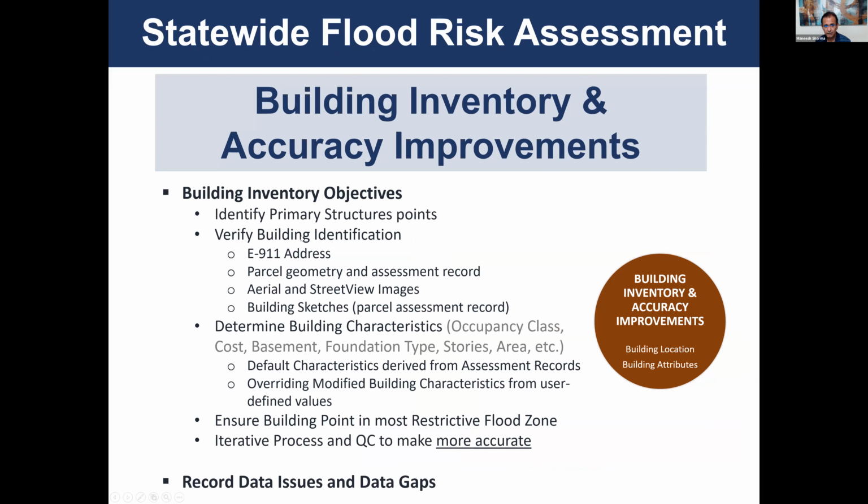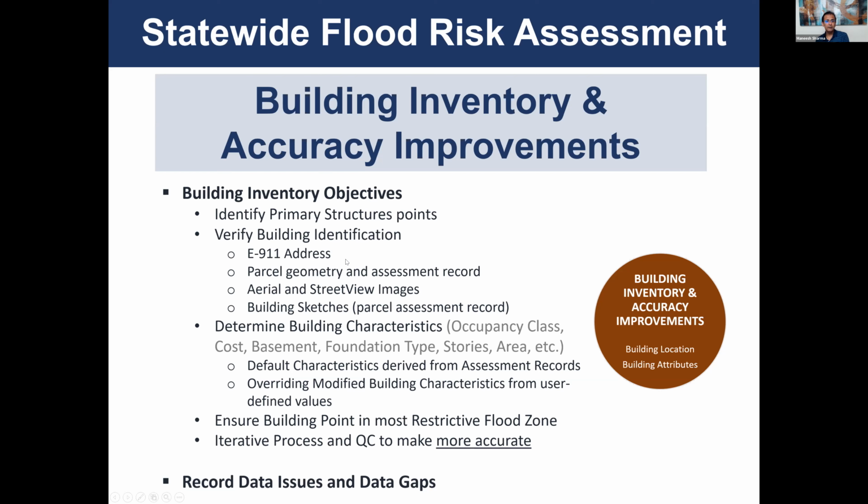So when we started on building inventory, the first thing was to identify the primary structure point. We needed to get the point exactly on top of the primary structure so that it can be accurately modeled. To verify, we then enhanced the attributes of that primary structure point.